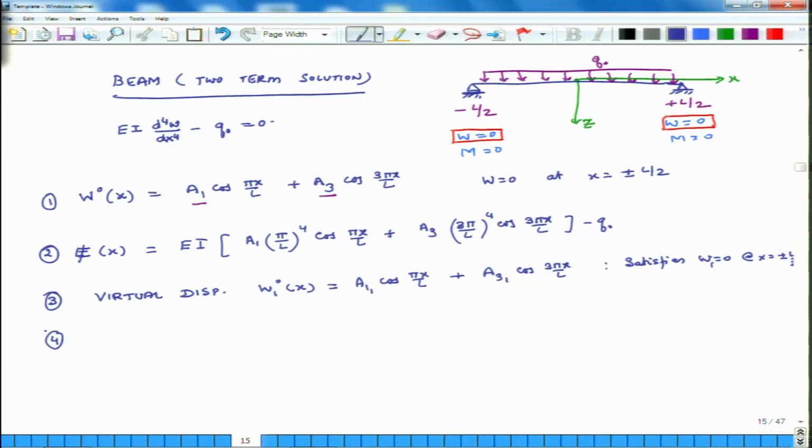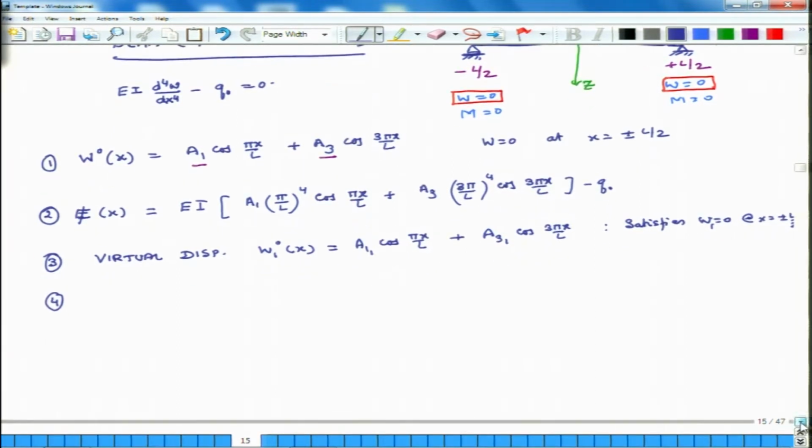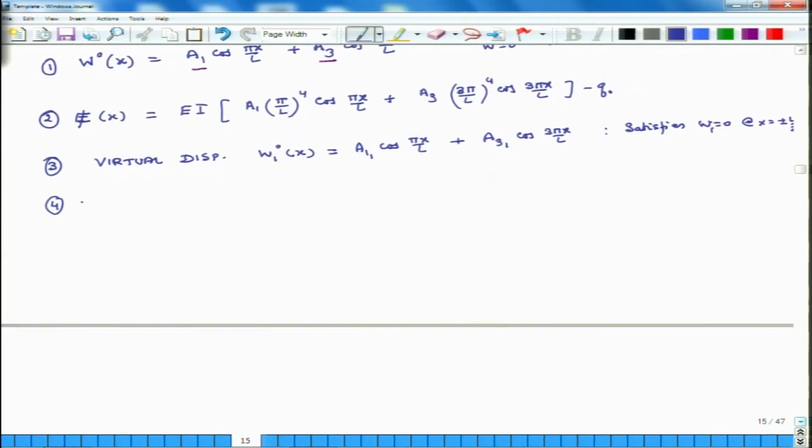So, the last step is, now we say that we have to compute the virtual work and equate it to 0. So, what is virtual work? It is error force times virtual displacement integrated over the domain.